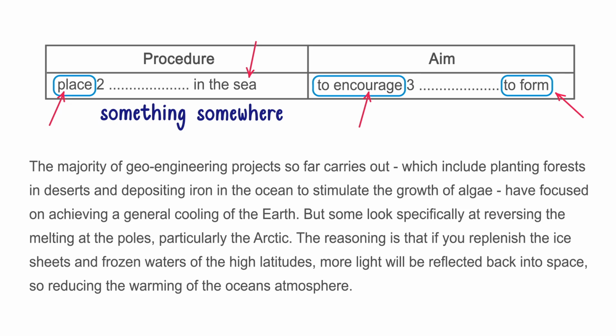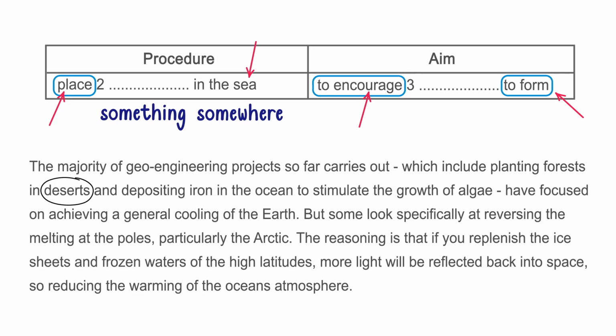I came across a paragraph in which in the second line, we have some words that may sound a little bit like the words we have in the question. In deserts, and depositing iron in the ocean to stimulate the growth of algae have focused on achieving a general cooling of the earth. Let's read it again.